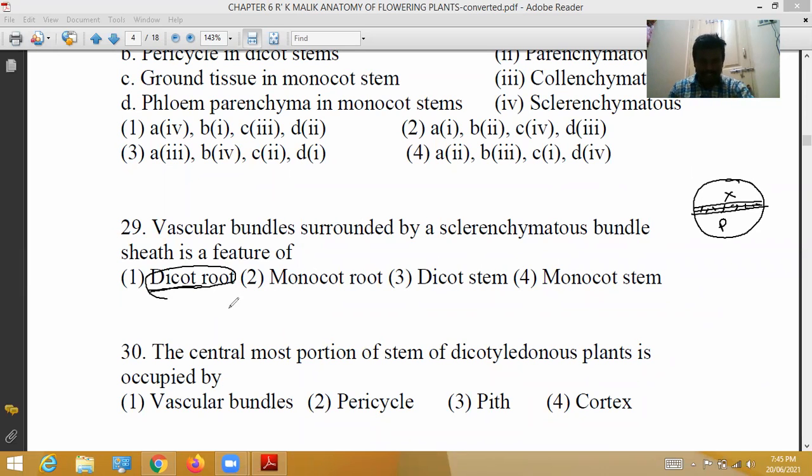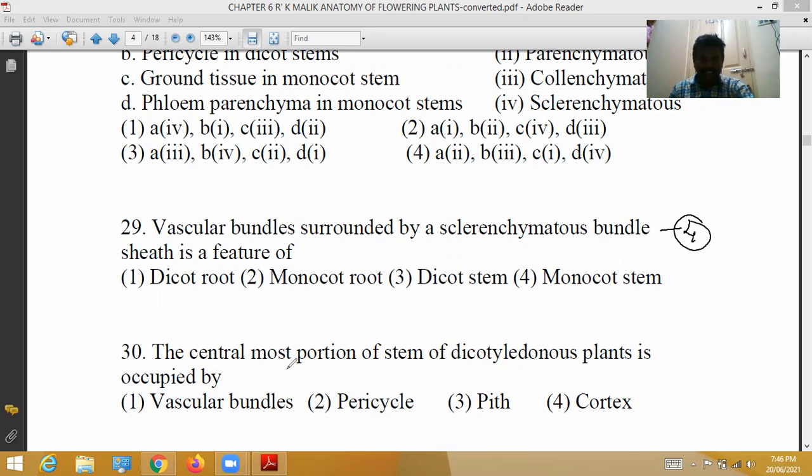Monocot root also, it's not. Dicot stem also not. In monocot stem, vascular bundles are surrounded by sclerenchymatous bundle sheath cells. So for this question, the correct option is the fourth option.